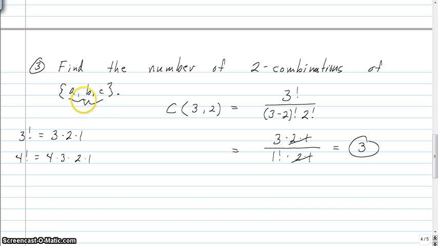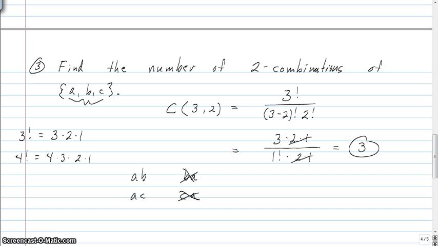The 2 combinations, it's just any combination of 2 letters from this set of 3. So we can take AB. That's not any different from choosing BA. Those aren't separate combinations, right? We don't have to worry about that. We can take AC. Not any different from choosing CA, because these are the same combination of letters.